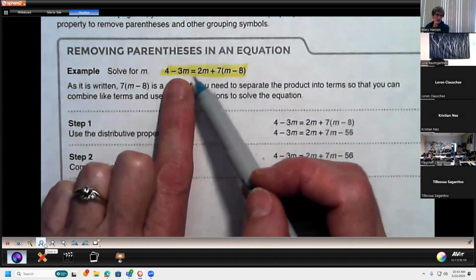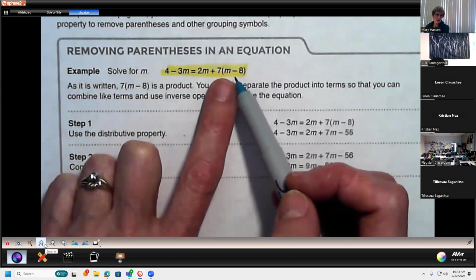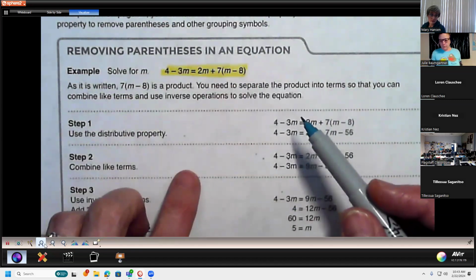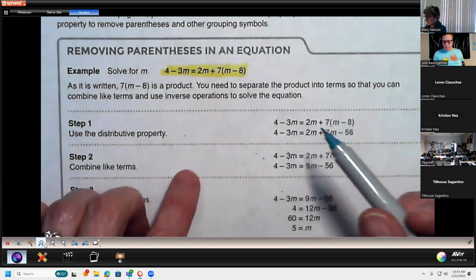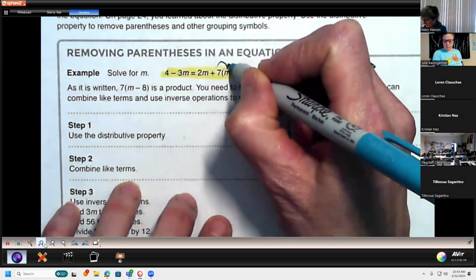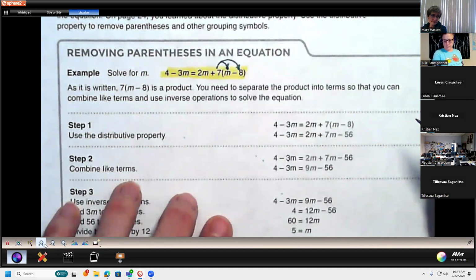So in this problem, we have m's on both sides, but we also have this parentheses with an m captured inside of it. So first thing we're going to need to do is the skill that we're learning today, and that is we're going to need to multiply that 7 into the parentheses. Okay.